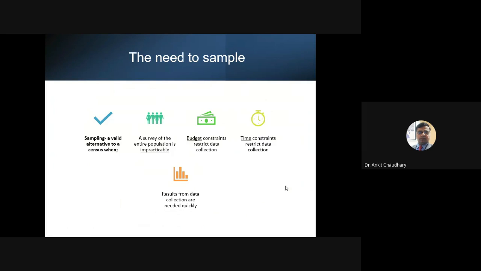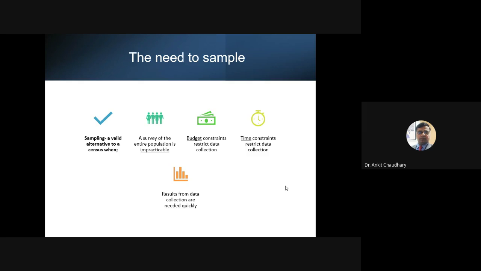Sampling, in mathematics or in an experimental way, is considered a valid method. There have been different tests based on that, and this is considered a scientifically proven method, a good way to analyze a larger population based on sampling.